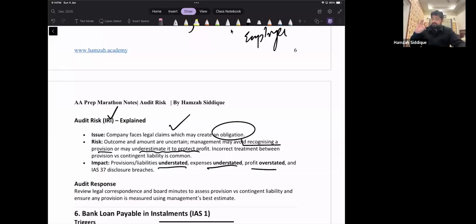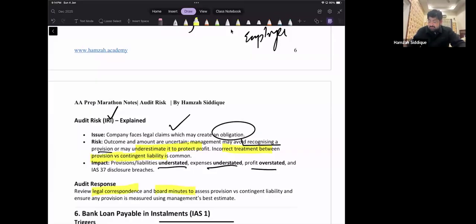You see here, management may underestimate it. We said that. This is the risk: probability of payment, amount of payment, and sometimes contingent liability versus provision. So review legal correspondence and board minutes.